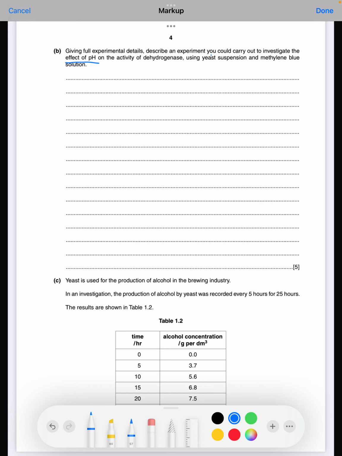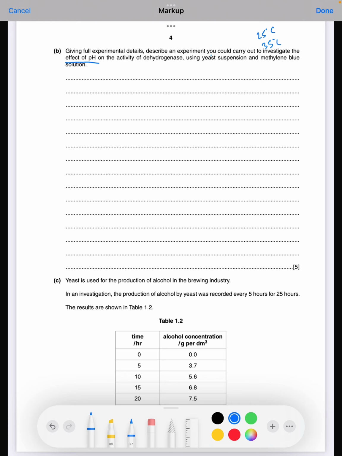So you can simply copy the previous experiment that the student did, and basically instead of working with two different temperatures like 25 degrees Celsius and 35 degrees Celsius, you can choose 2 pH. In my opinion, I would in fact choose 3 different pH instead of 2, because that will give us a better picture.